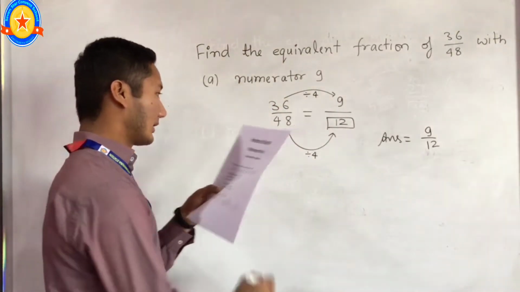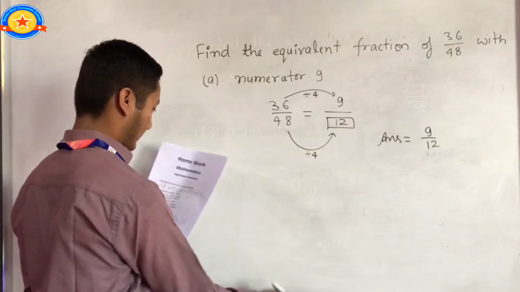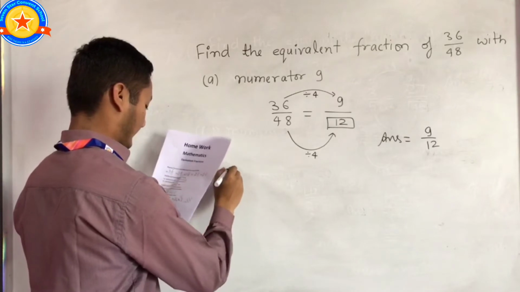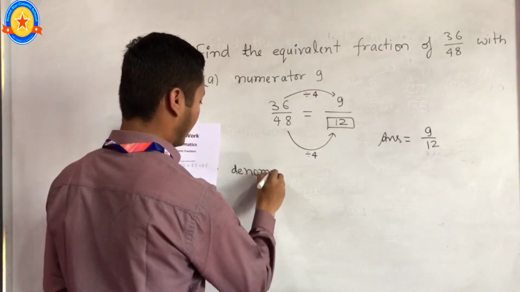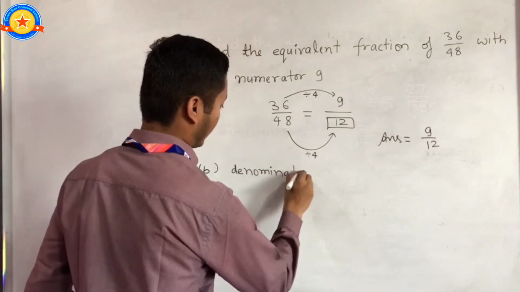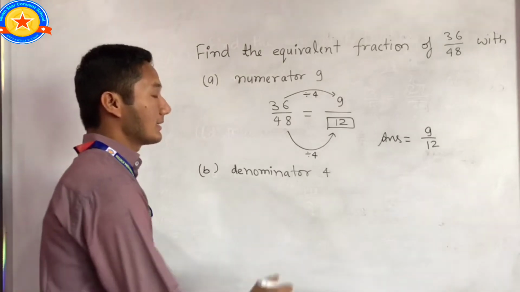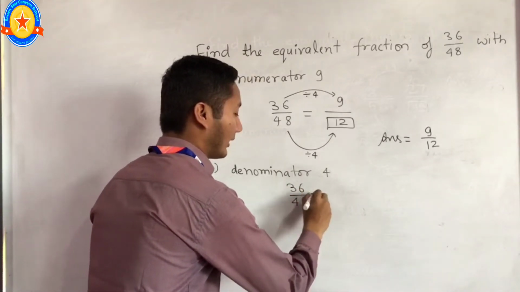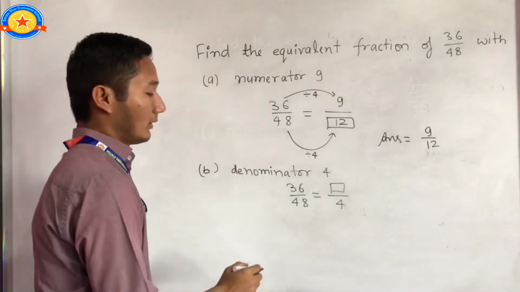Students, our next question is: denominator 4. In this case, first we write the fraction 36 upon 48 equals to blank upon denominator 4.